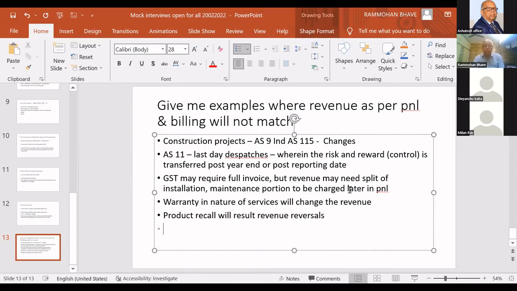Then non-monetary consideration from customer. Then the revenue is recorded at fair value.